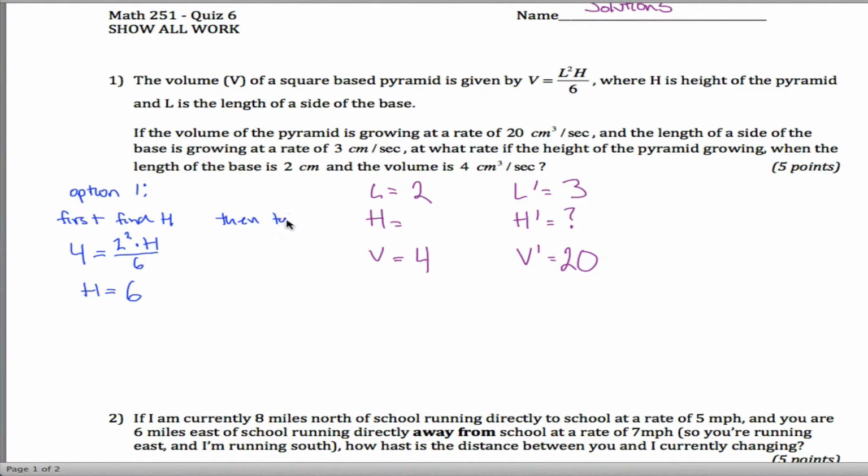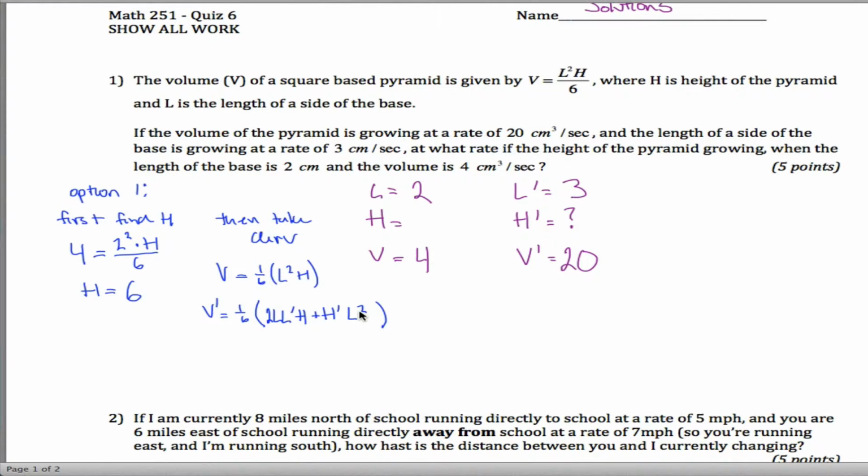So if V equals, instead of divided by 6, I'm going to think of it as 1/6 times L squared H. And V prime is equal to 1/6, which is just a constant, times the derivative of L squared H. Using the product rule, the derivative of L squared is 2LL prime, there's actually a chain rule in there as well, times H, plus the derivative of H, which is H prime, times L squared.